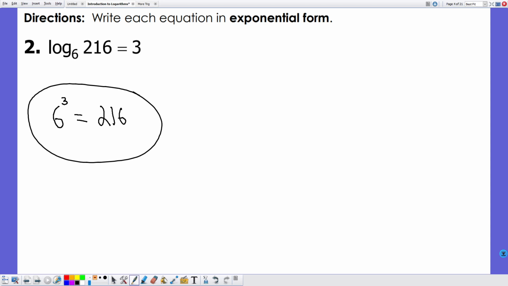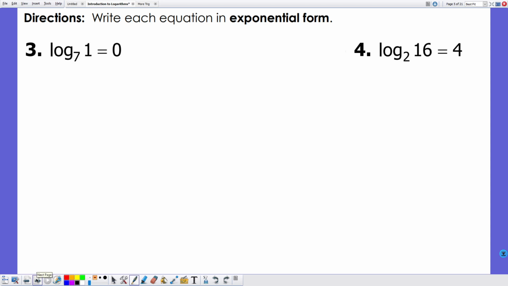Well, 6 to the third power. That's what the logarithm is stating. Like, 7 to what power equals 1? Well, 7 to the 0th power equals 1, because any number raised to the 0th power is 1, basically.